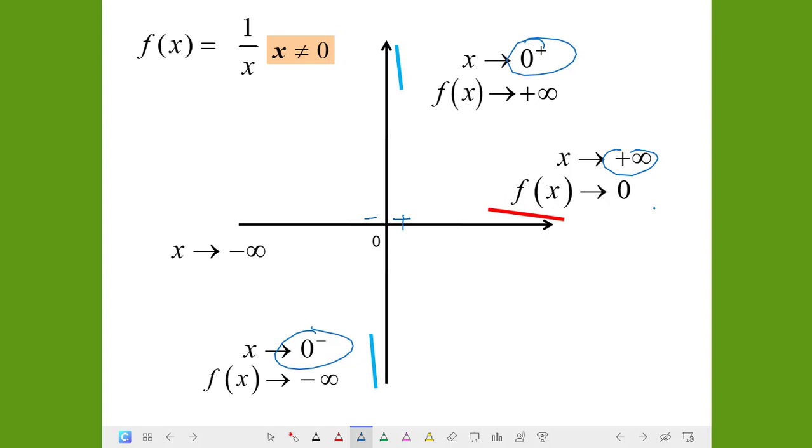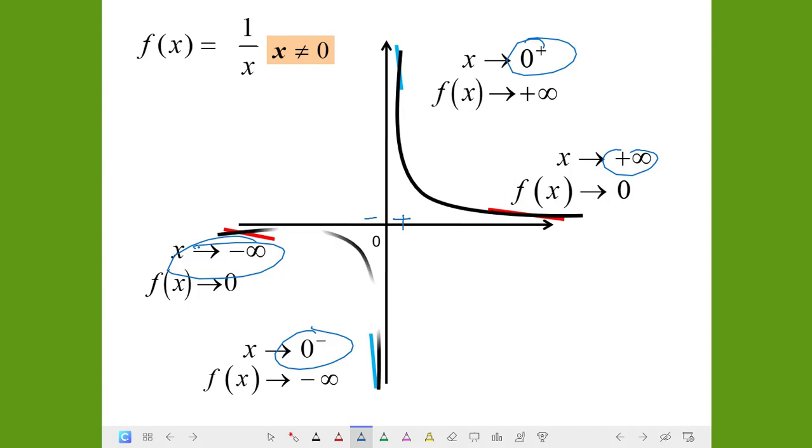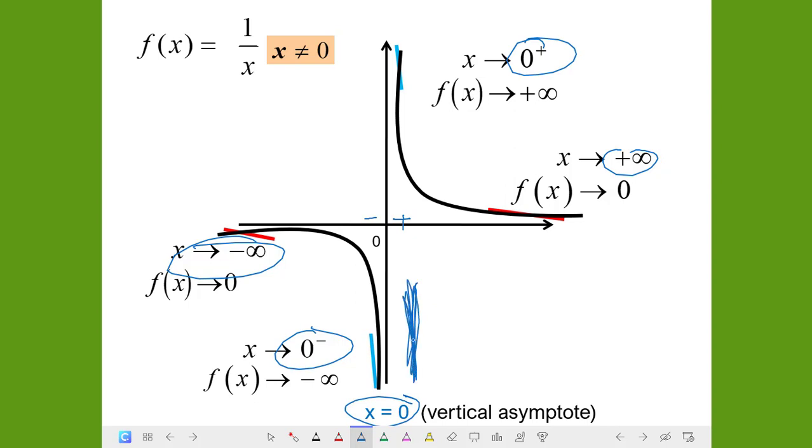When x tends to negative infinity, the graph goes to negative 0. So join the two with this line. This is the graph, and this is also the graph. So x is equal to 0 is a vertical asymptote. Vertical, straight up, turns up.